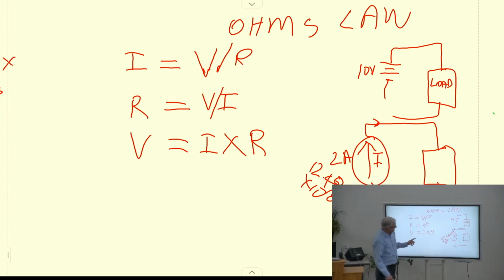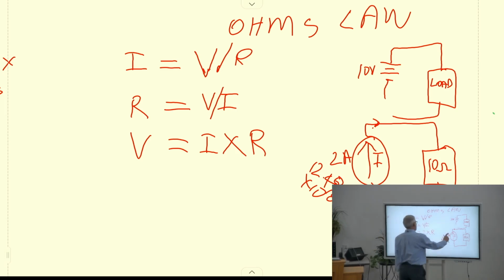So the question is, on this circuit, how much voltage needs to be produced in order to do this? This equation tells us the voltage equals the current times the resistance. So if I have a resistance here of 10 ohms, and I pump through it 2 amps, I can compute the voltage.